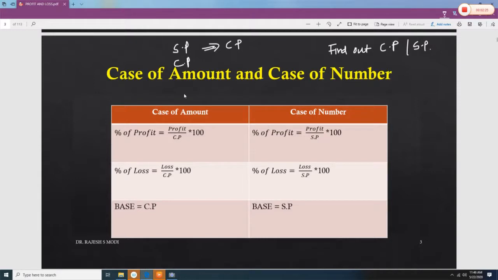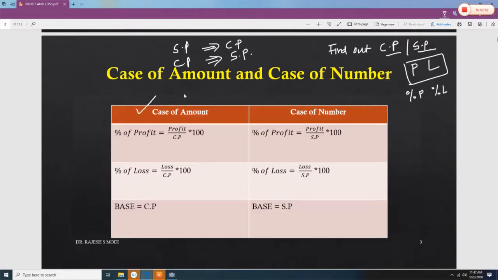Sometimes the cost price is given and you have to find the selling price. Cost price and selling price are the base to find out the profit and the loss. After finding the selling price and cost price, you will understand the profit and loss. Now, how much percentage of profit and how much percentage of loss, that you need to calculate.